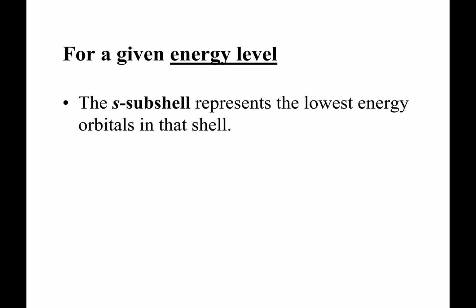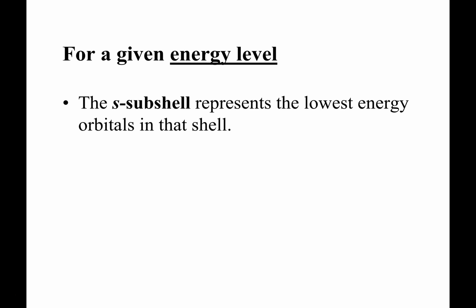So whenever you see the word energy level, I'm hoping you're thinking n. Energy level, principal energy level, that's the same difference. So if you have an energy level like n equal to 4, you have an S, P, D, and F. As I've drawn them, that's correct.